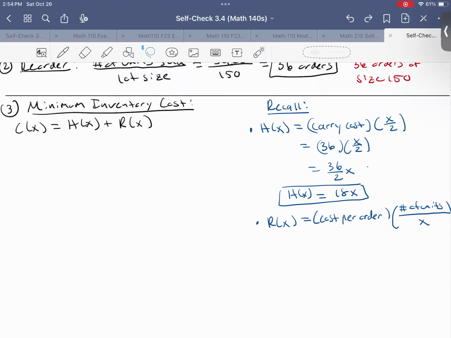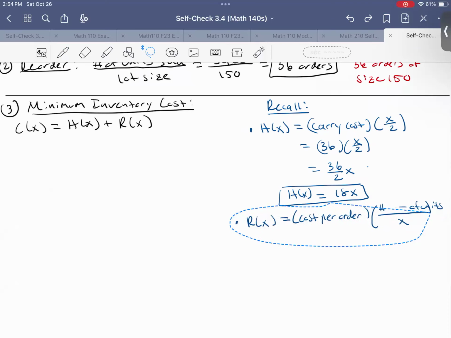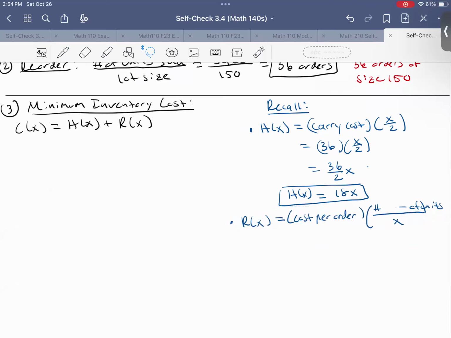Let me scoot this over a bit and rewrite this. So cost per order times number of units sold divided by our lot size X.